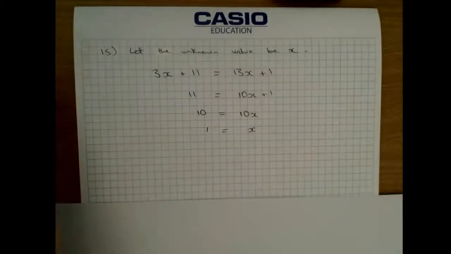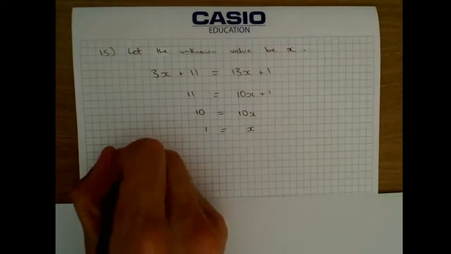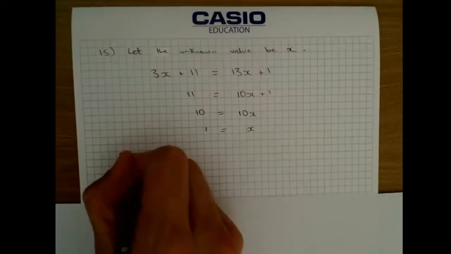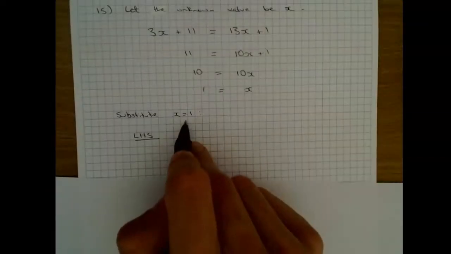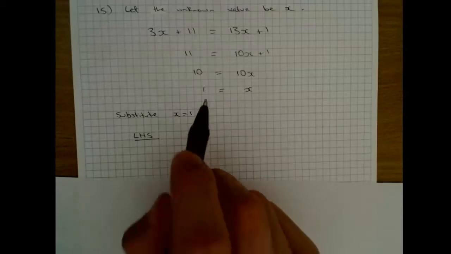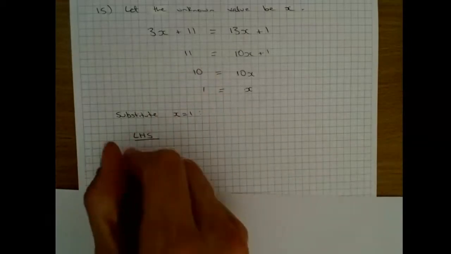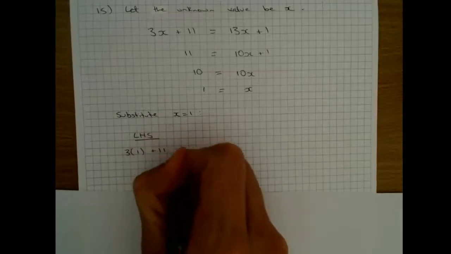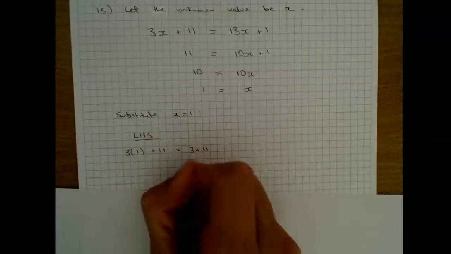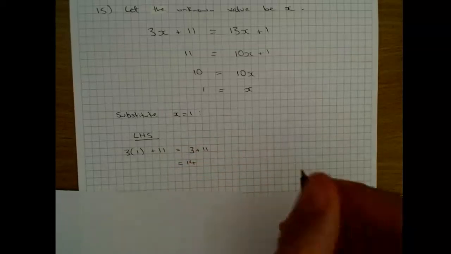So the left hand side, so if we substitute x is equal to 1 to the left hand side of the equation, I'd have 3 by 1 plus 11, which is equal to 3 plus 11, which is equal to 14.